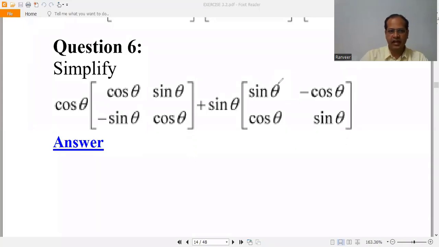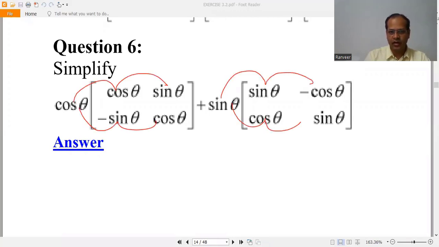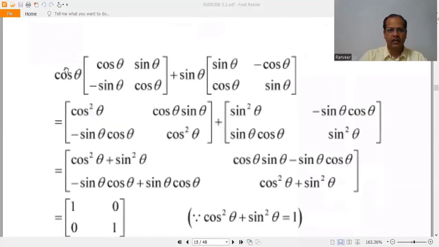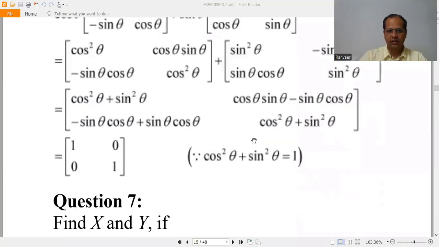This is nothing but a scalar value, and we will multiply cos theta with all the corresponding elements. Sin theta also we have to multiply with the corresponding elements, and we have to add the values. So just we can check cos theta, we multiply, and this is cos square theta, sin square theta, 1, and this becomes 0, 0, and this is 1.